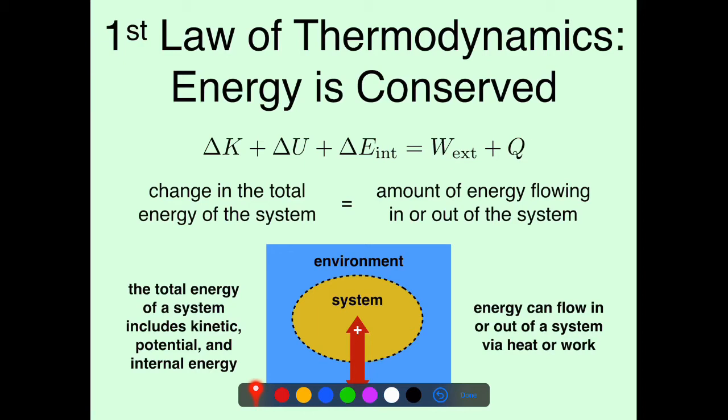So the overall picture that you should have is that you have a system and it has some amount of energy. If there's energy going into your system, and that can be in the form of work or heat, then the energy of that system has to increase. If there's energy flowing out of your system, then the energy of your system is going to decrease. All of that is contained in this equation.